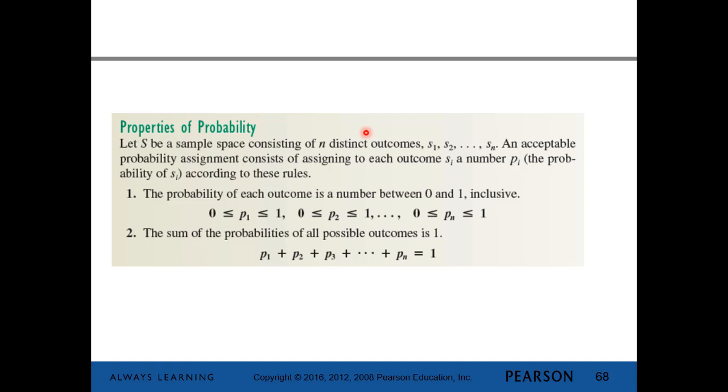Number 1, each outcome in the sample space must have a probability between 0 and 1, which means no negative probabilities and no individual probability can be greater than 1. Number 2, the sum of the probabilities of each event in the sample space must add up to 1. Those two conditions must hold.